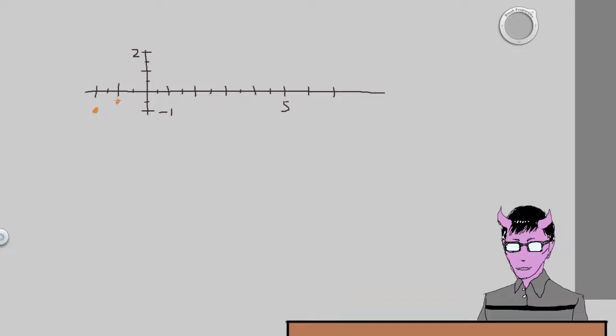So I think it's right here. Okay, and then we have another point at 7, comma 1/2. So right here-ish. Yikes. Okay, so I'm not committing to where it's intersecting the x-axis, so I'm going to put the x-intercept as ambiguous.